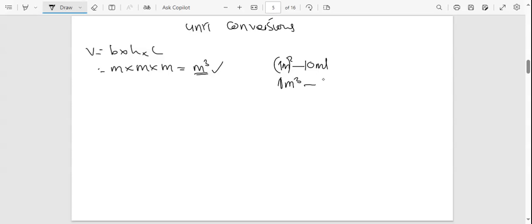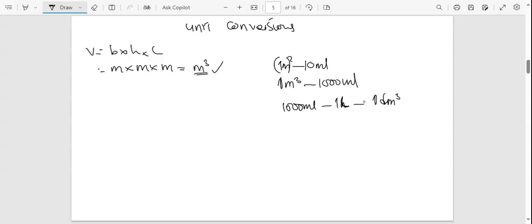So if you have 1 meter cubed, this is equal to what? 1000 decimeters cubed. And we need to know that 1000 of those is equal to 1 liter. The same 1 liter will be equal to 1 decimeter cubed.